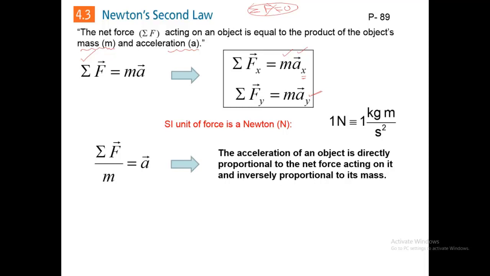Now, the SI unit of force is Newton, right? Force is equal to ma, so m, the mass, is in kilogram, and a is the acceleration, which is meter per second square. So 1 kg meter per second square is equal to 1 Newton. So Newton is the unit of force.